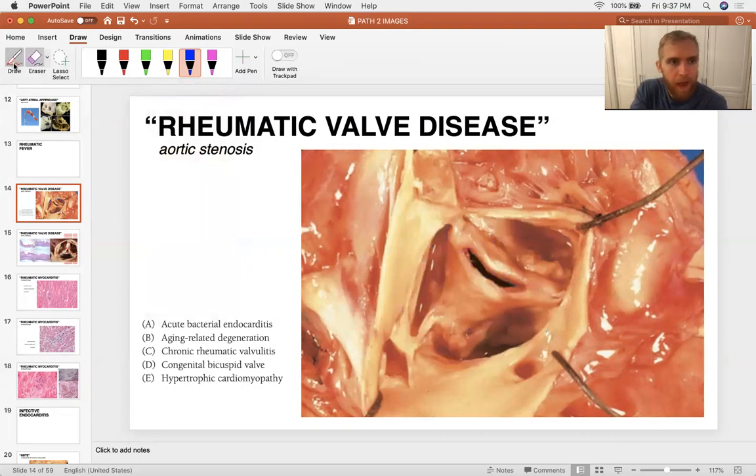This being an aortic valve, the test question was essentially, why is it stenotic? And the answer is going to be rheumatic valvulitis. We know that because you've clearly got three valve flaps, so it's not a congenital bicuspid valve.